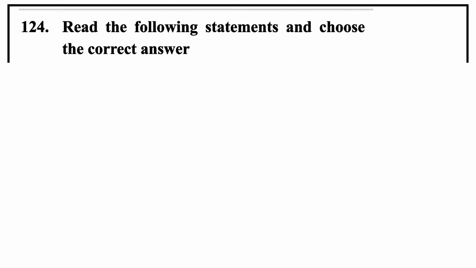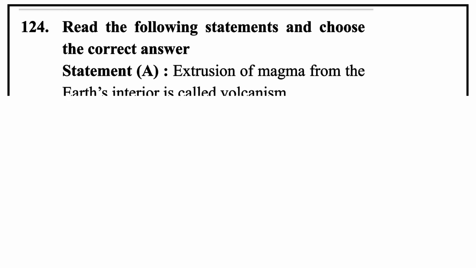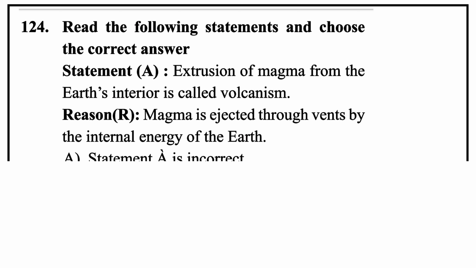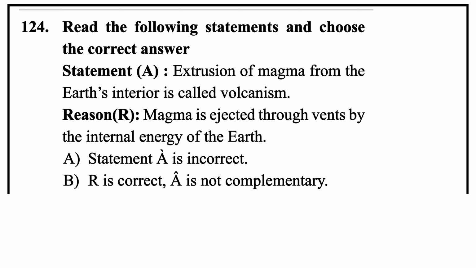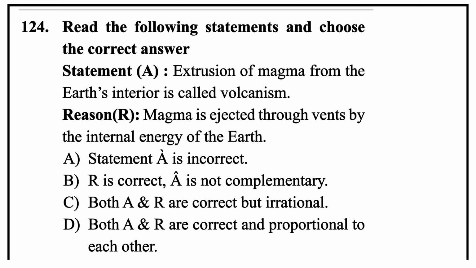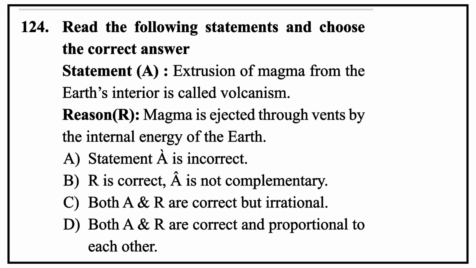124. Read the following statements and choose the correct answer. Statement A. Extraction of the magma from the Earth's interior is called volcanism. Reason R. Magma is ejected through the vents by the internal energy of the Earth. Our options are A. Statement A is incorrect. B. R is correct. A is not completely. C. Both A and R are correct but irrational.